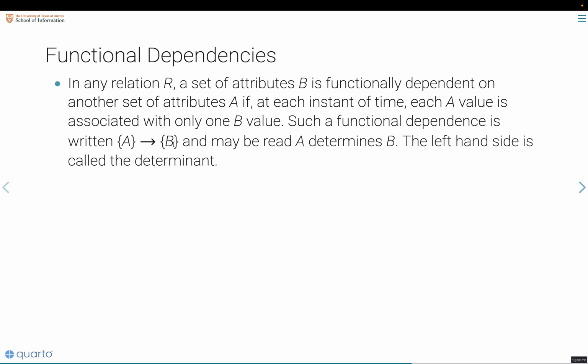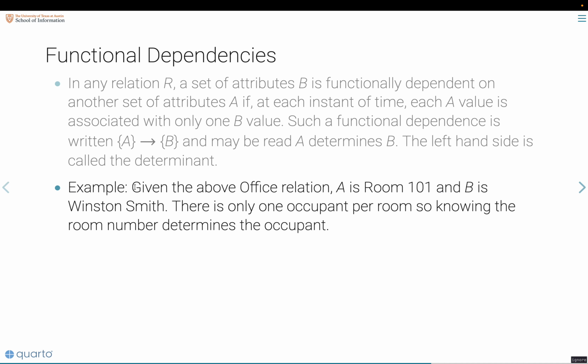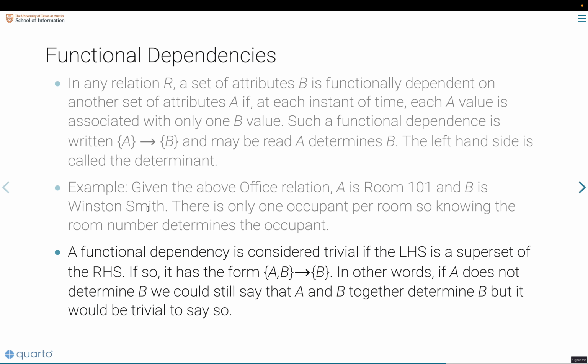A determines B. The left-hand side is called the determinant. So in the above relation, A is room 101 and B is Winston Smith. And there's only one occupant per room, so knowing the room number determines the occupant. So room 101 determines Winston Smith.